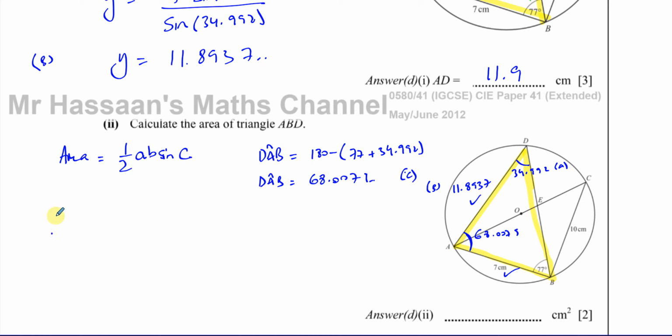So now the area I'm looking for is going to be equal to 1/2 times A, which is 7, times B, which is 11.8937, times the sine of the angle between them, which is 68.0079. Okay, so that will give me my answer.